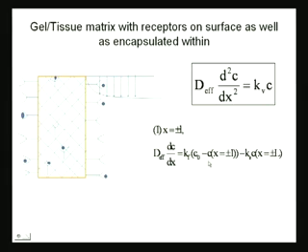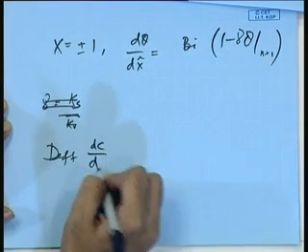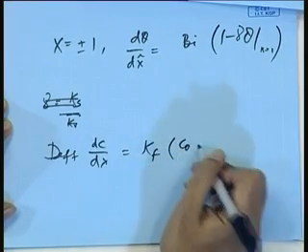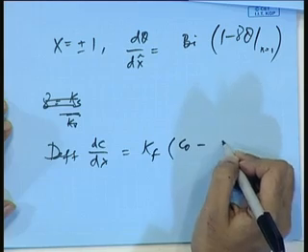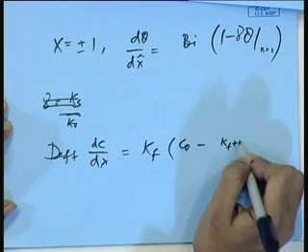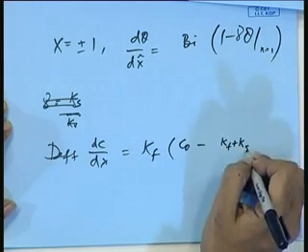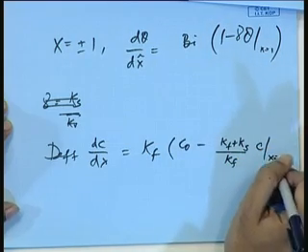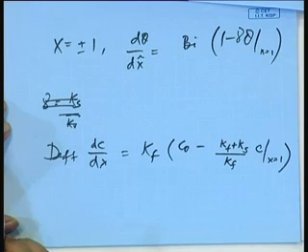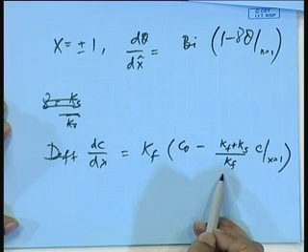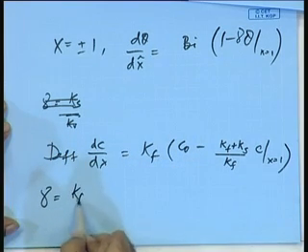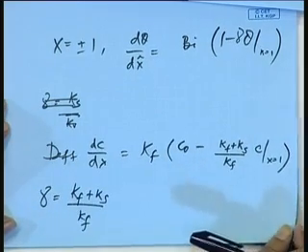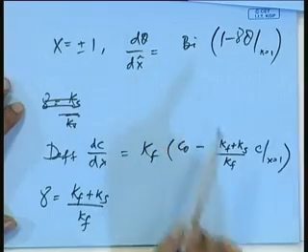So, what you will have is D effective del c del x equals kf c naught minus kf plus ks times c at x equals 1. Fine. So, this number is your gamma, that is all I am saying.